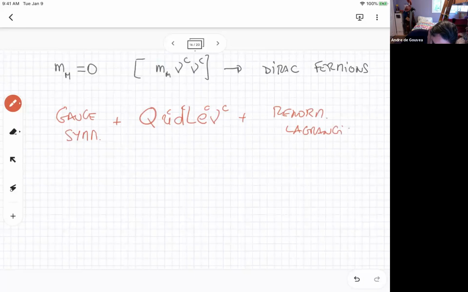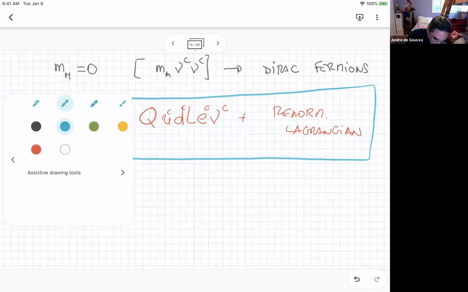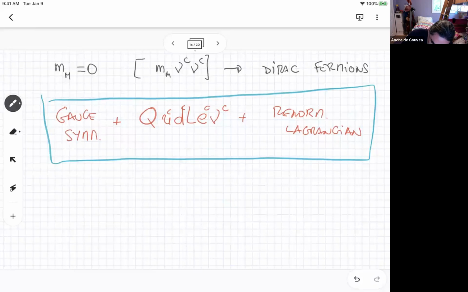Now, if you go to your neighbor and you give your neighbor these rules, now slightly different set of rules, then you do not get the standard model plus Dirac neutrinos.